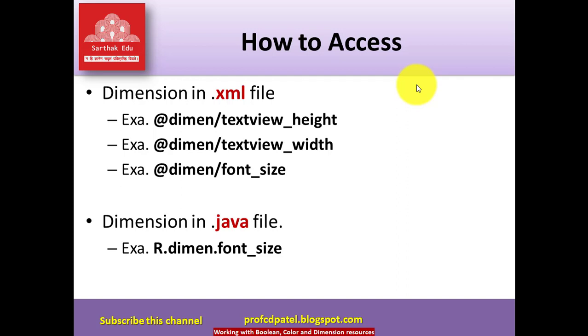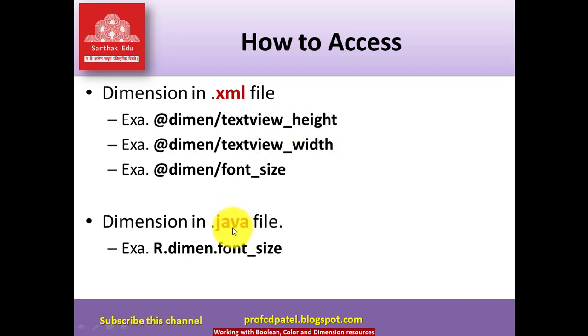Now, here I am going to explain first how to access that dimension resource in an XML file. The at sign will be considered as resource, dimen, that is your tag name, and textview underscore height, that is your key name.